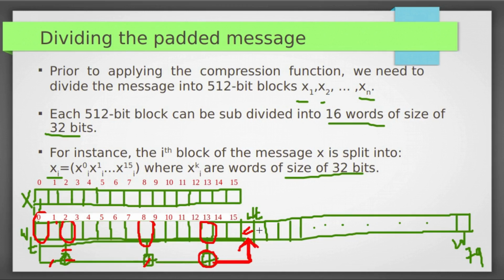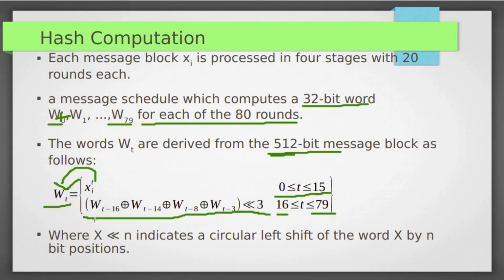If you want to compute W17, you have to shift this function and this will be the W17. You have to continue like this to generate all these 80 words. After computing this value, you have to left rotate by 1 bit.